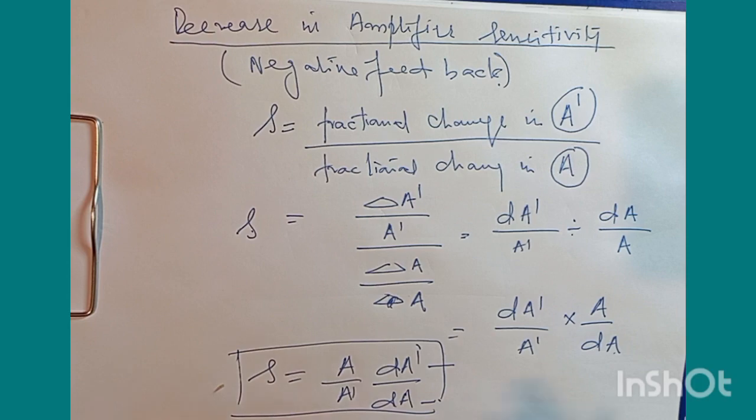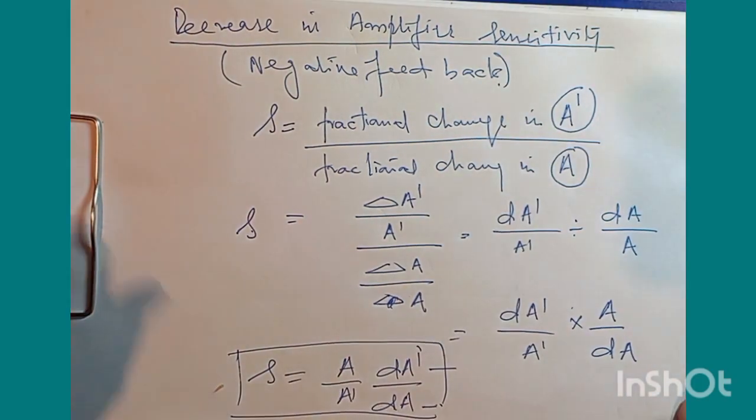So let us go back to A dash, and what is A dash for negative feedback in an amplifier?